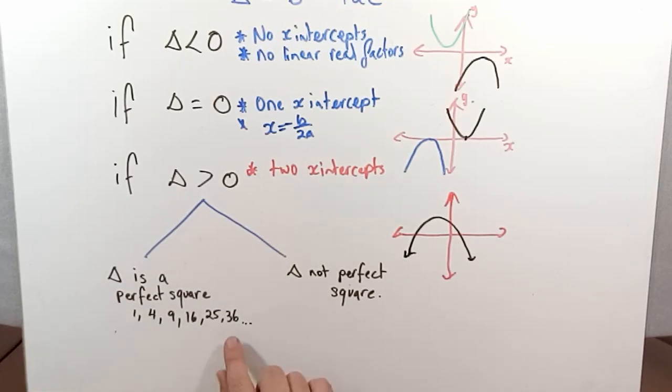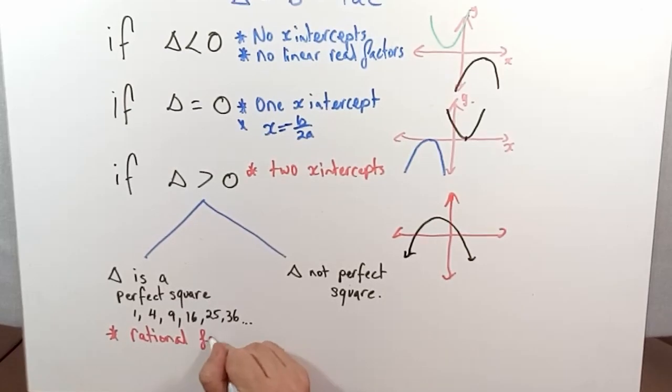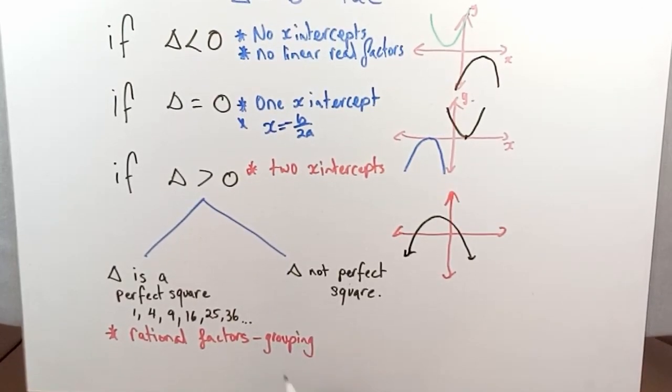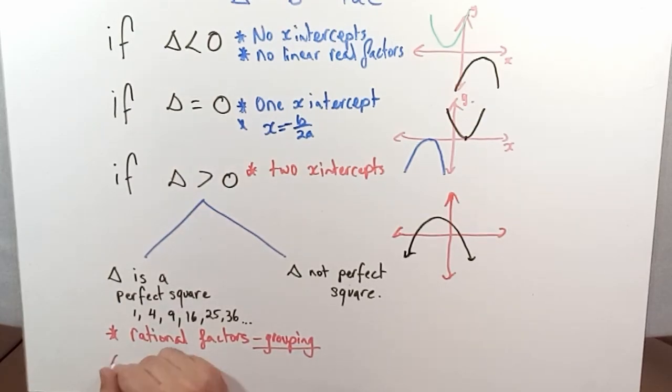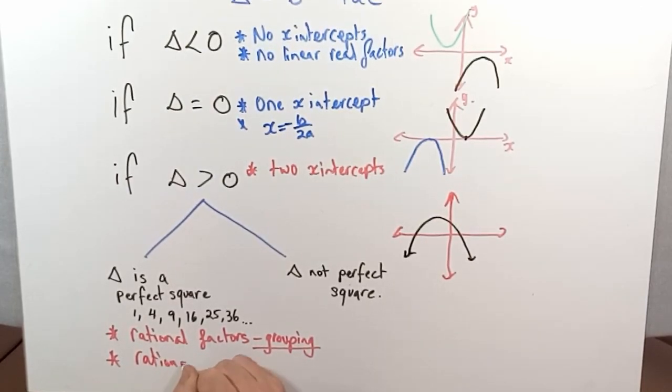So can you take the square root of this number and get a whole number out? If that's true, then you've got rational factors, which means you can use grouping. That's what it comes down to. You can use grouping to factorize. Wonderful. That's good news. You don't need to complete the square. And you have rational solutions, so rational x-intercepts.